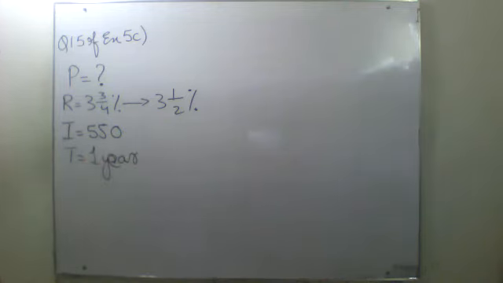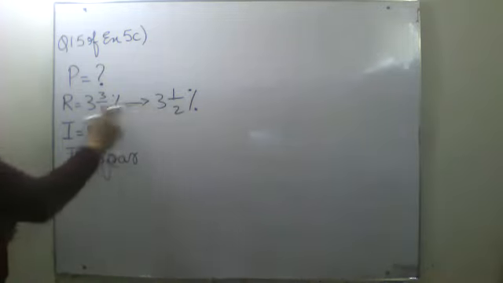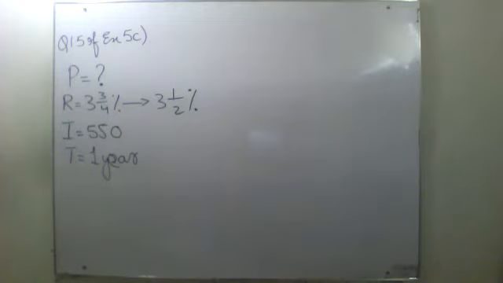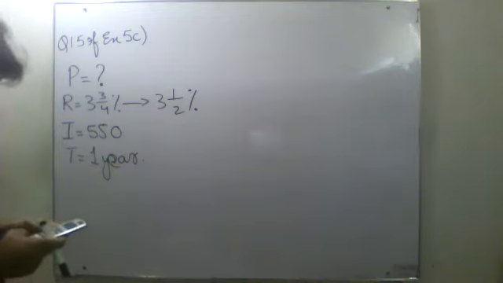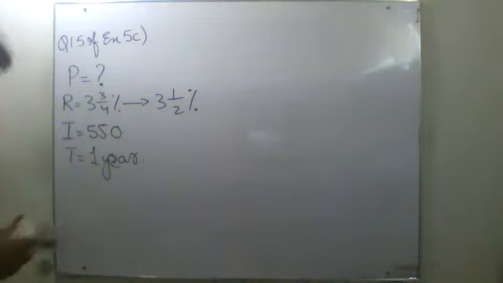So how am I going to solve this one? I'm going to first find how much decrease was done. So 3 whole number 3/4 minus 3 whole number 1/2, and the decrease is coming.